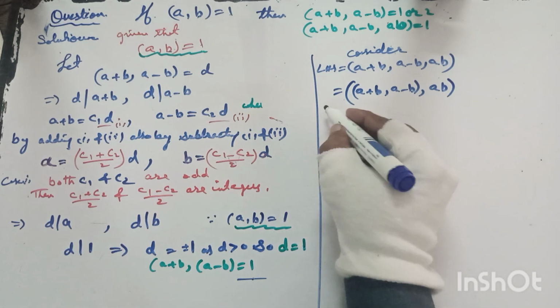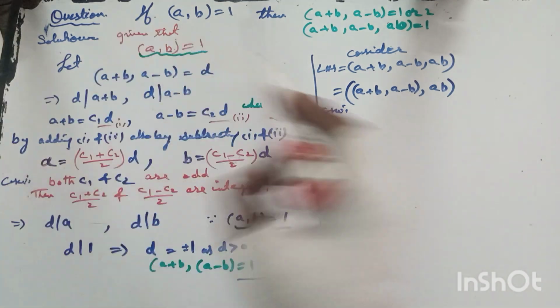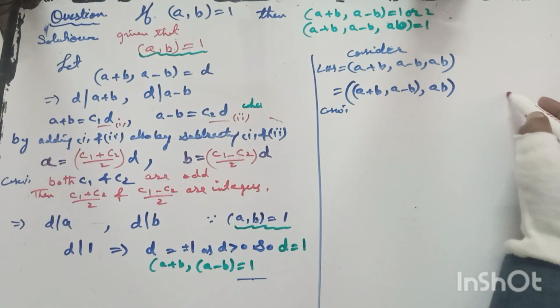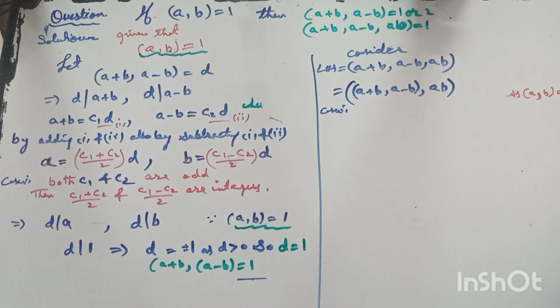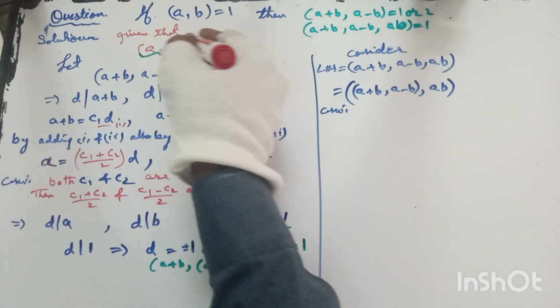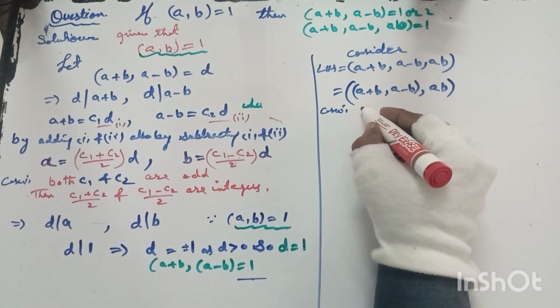Case first. As I have A and B relatively prime, the greatest common divisor of A and B is 1. It is given. Then I have two cases.